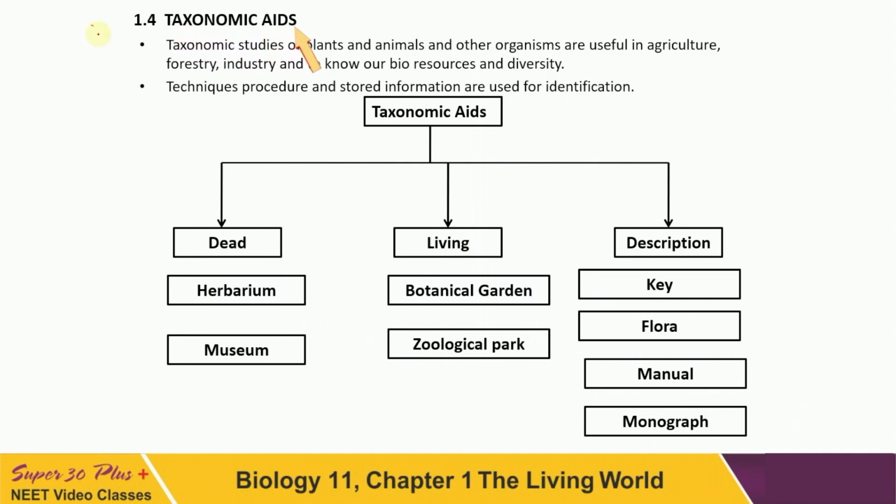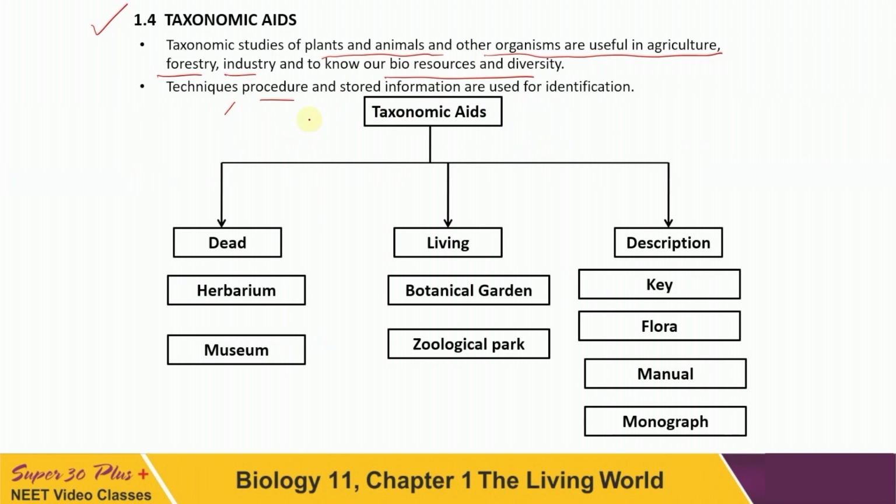Taxonomic aids. You know, different plants and animals and other organisms are useful in different ways in agriculture, in forestry, in industry, and to know our bioresources and biodiversity. Therefore, correct identification is very much essential. So these are the techniques, the procedures and stored information on the basis of which we identify a particular organism.